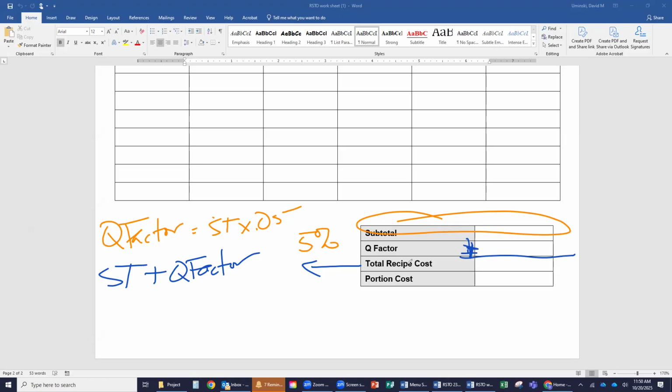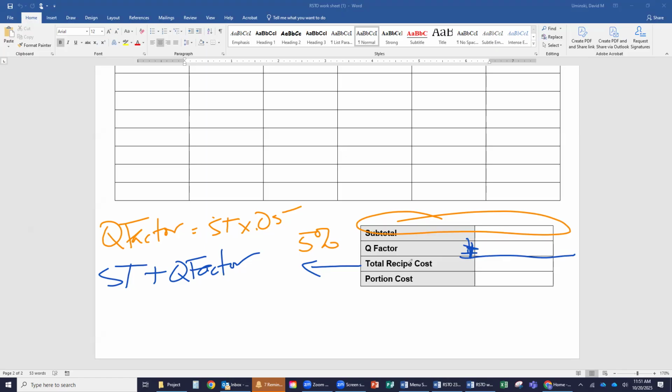And some processes, like if you're doing research and development, so you're practicing, like you're going to make a recipe and add to it to develop a brand new recipe, you may even have a higher Q factor because you're going to be pulling ingredients in to cover that cost. And then once you narrow it down to the actual recipe, that's when you have a little bit lower Q factor.